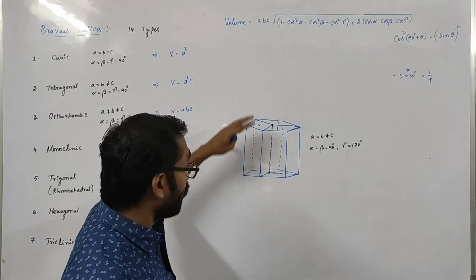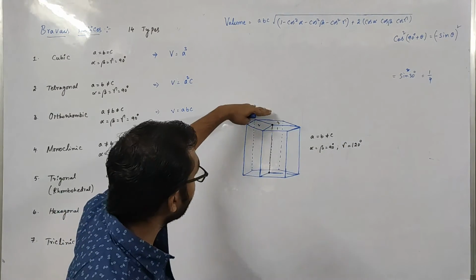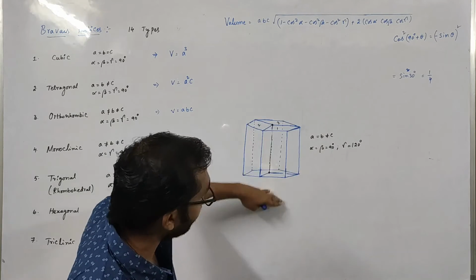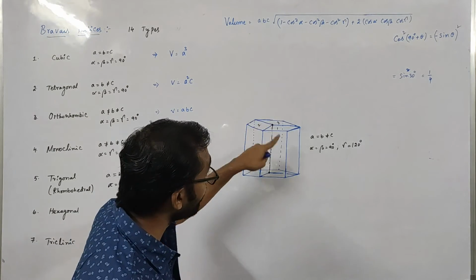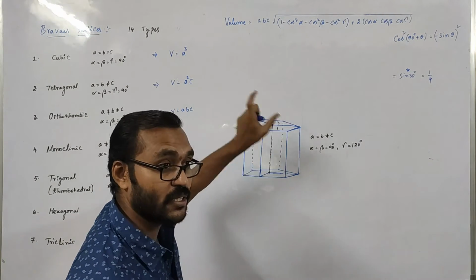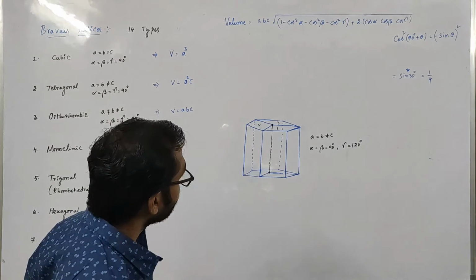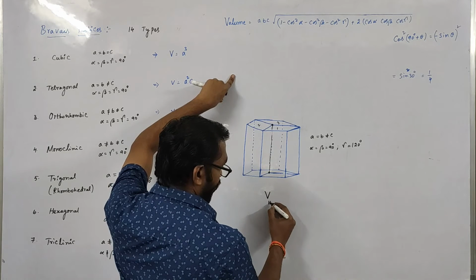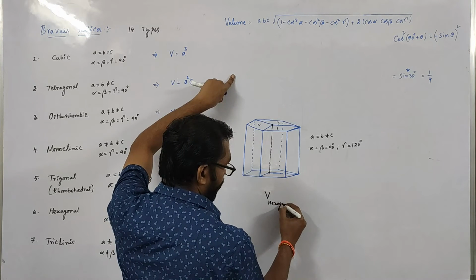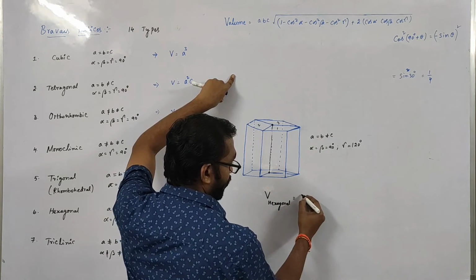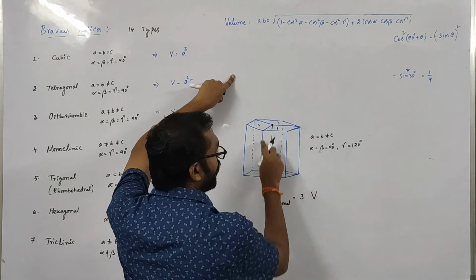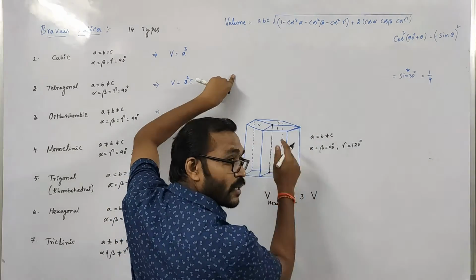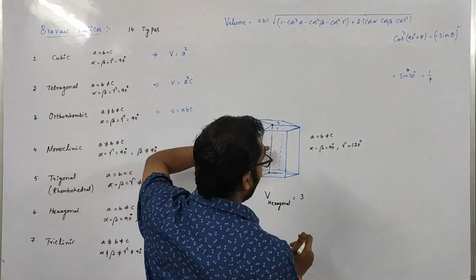So what is the actual volume of the cuboid? If I ask you what is the volume of this total hexagon, I have to take 3 times the volume of each system. Right? So what I write? Volume of hexagonal crystal is nothing but 3 times the volume of this cuboid. So what is the volume of the cuboid?